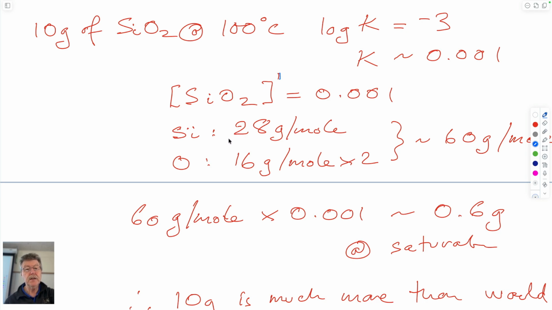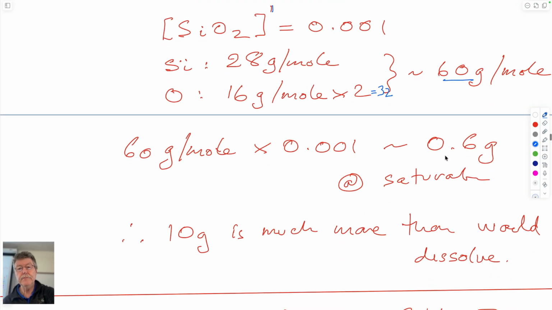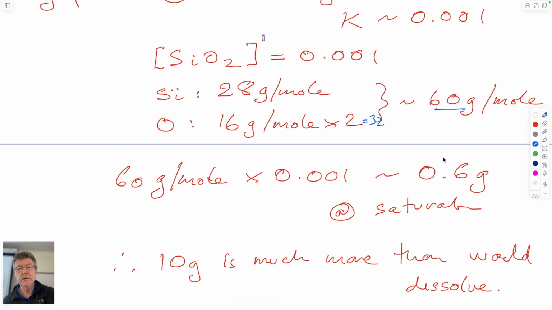28 grams of silica, molecular weight, and oxygen 16 times 2 would be 32. And so 32 plus 28 is 60. And so the equilibrium concentration would be 60 grams per mole.